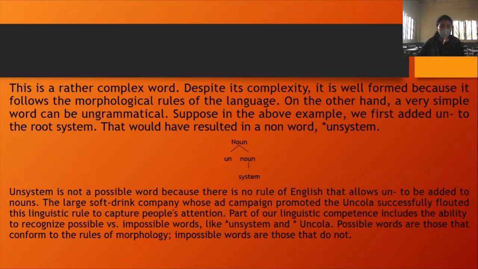The large soft drink company whose ad campaign promoted the Uncola successfully flouted this linguistic rule to capture people's attention. Part of our linguistic competence includes the ability to recognize possible versus impossible words like unsystem and Uncola. Possible words are those that conform to the rules of morphology. Impossible words are those that do not.